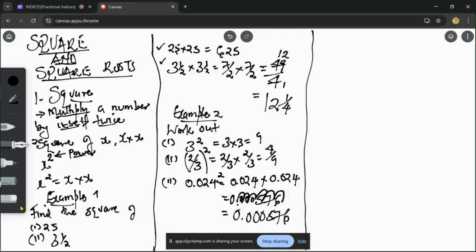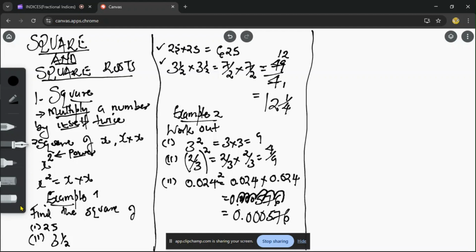But most importantly, now that we understand the meaning of square, we now have another method. This is the general method of getting the square of a number, and it's the most important thing about this topic: anytime we talk about square, it means that we are multiplying the number by itself twice.